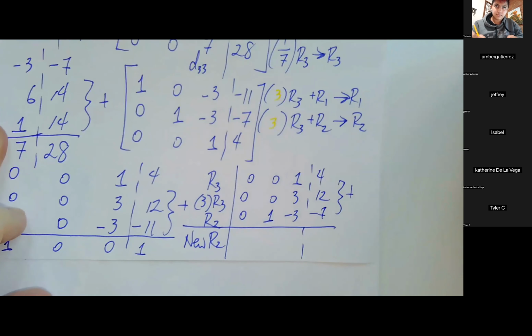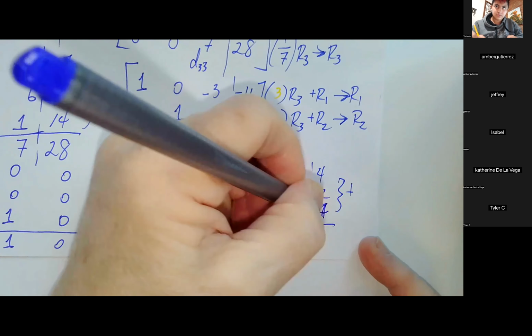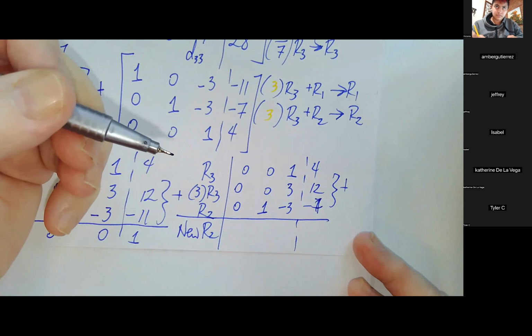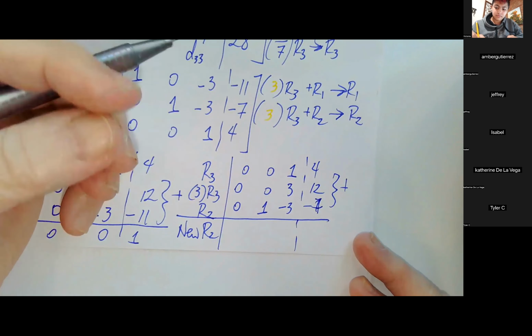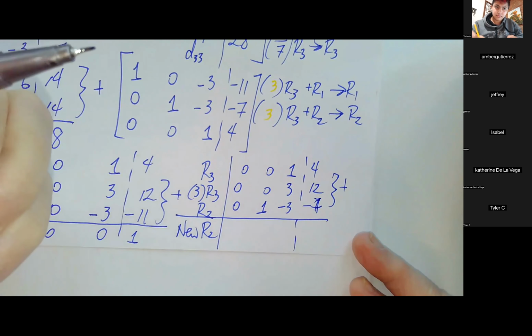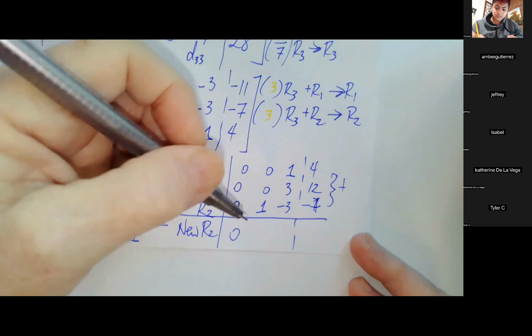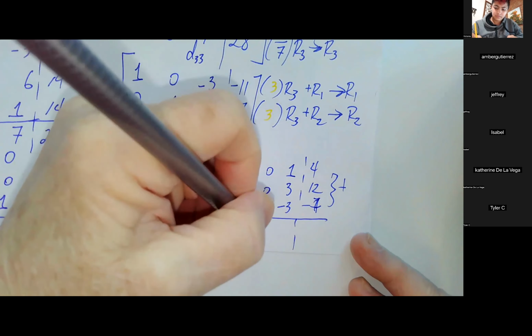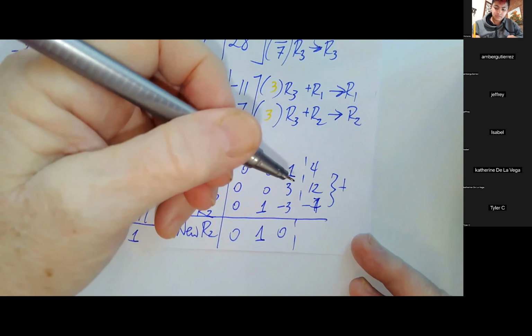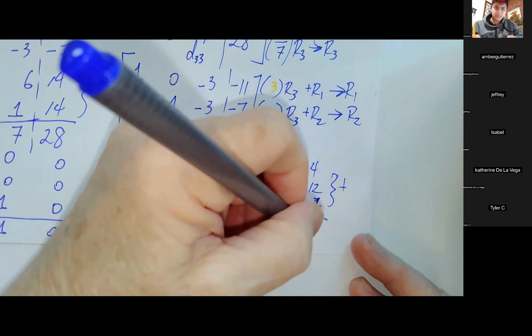And what do we get when we add the second and third rows? Zero, 1, 0, and then that one's a 5. Excellent.